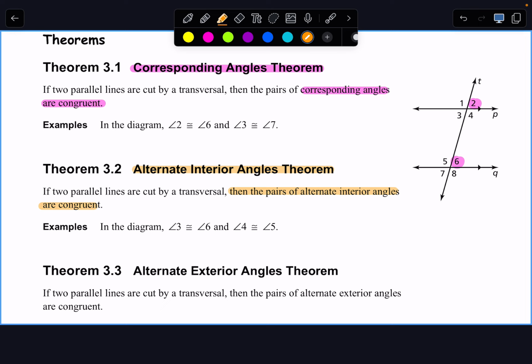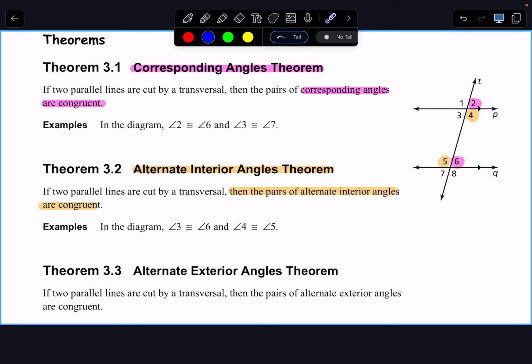Okay, so angles 4 and 5, these are alternate interior angles. Our 2 lines cut by a transversal are parallel, so 4 and 5 are congruent. What would be the other pair of alternate interior angles? 3 and 6 would be congruent.